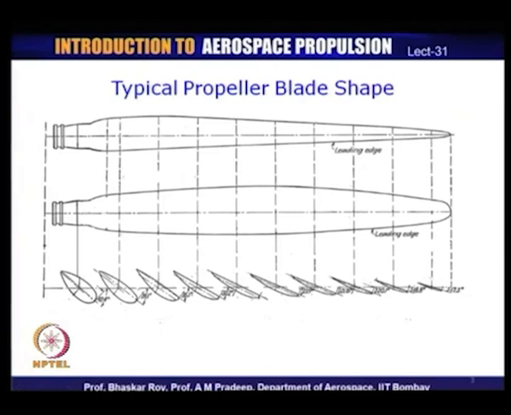So, this is how a propeller blade shape is put together, created with the help of a large number of aerofoils. The bigger the propeller, the more aerofoils you would need to put together, blending them into one smooth blade shape. As we have seen, in the early era, 50 years back, propellers used to be made of wood, because that was the easiest material to give a complicated shape like this.